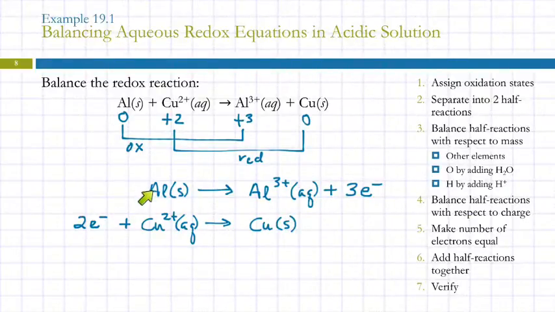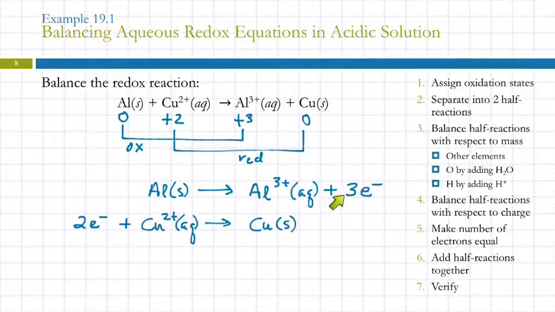So aluminum going to aluminum ion is losing 3 electrons. Oxidation is loss of electrons. The copper 2 ion is gaining electrons. Reduction is gain of electrons. So they're balanced now.